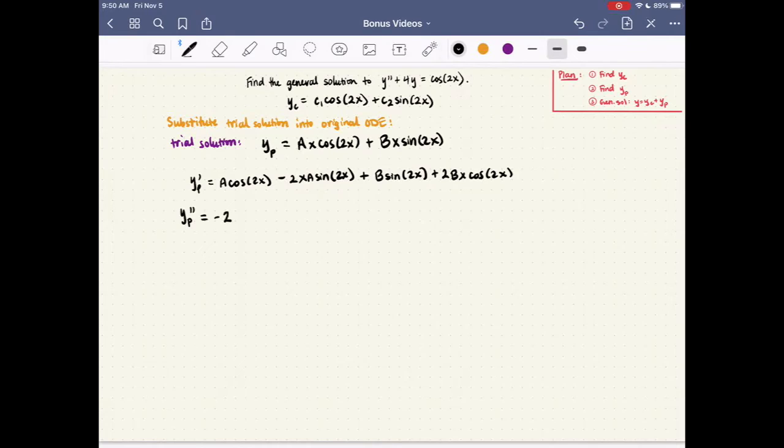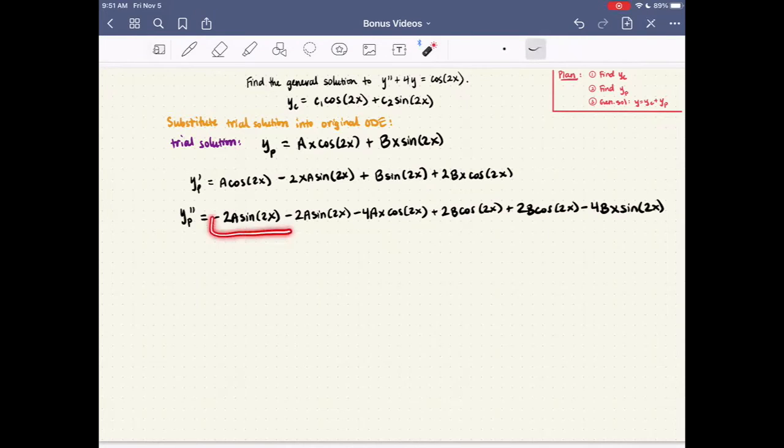So I'll end up with negative 2a sine 2x minus 2a sine 2x minus 4ax cosine 2x plus 2b cosine 2x plus 2b cosine 2x minus 4bx sine 2x.